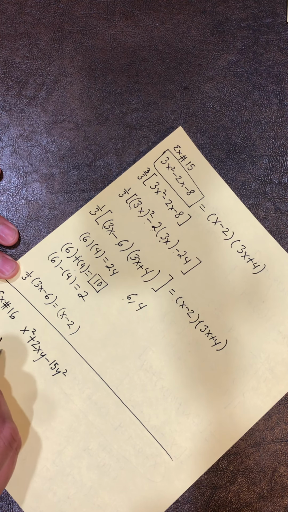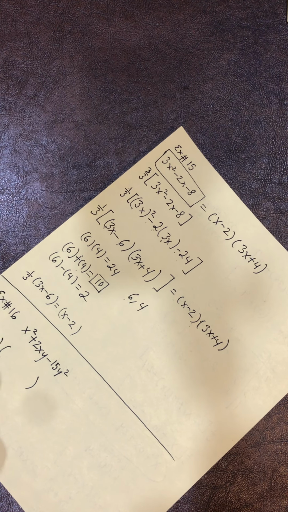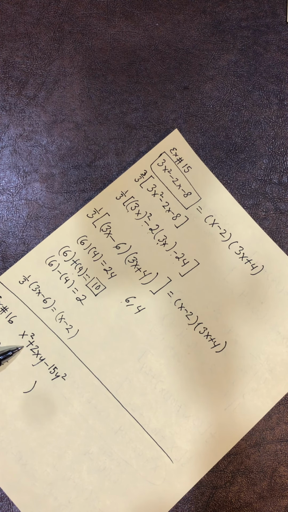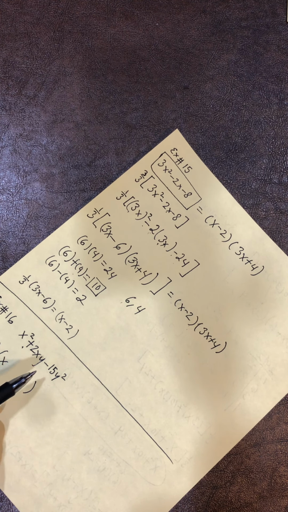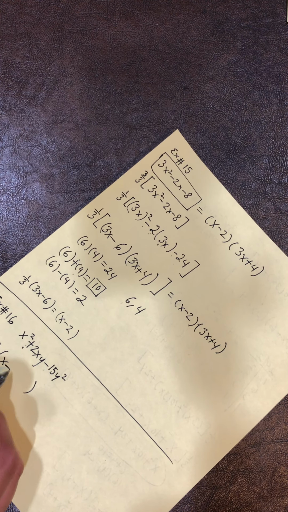There's a parenthesis. Haven't done any math yet. And then I'm going to write down x inside like that, as we've been doing before. What sign is this? Positive? Okay, I'll write down positive right there. What sign is this? Positive times negative is negative, like that.